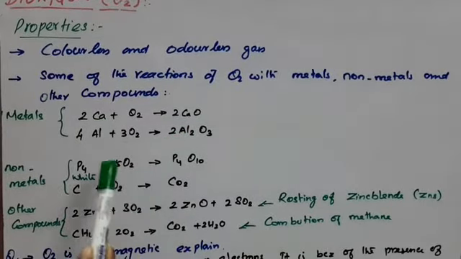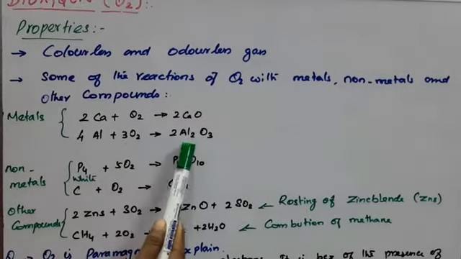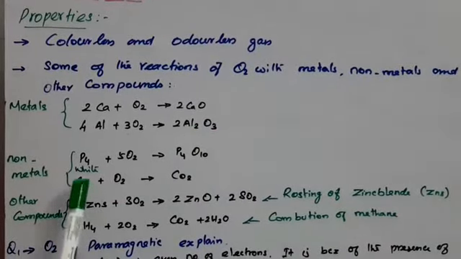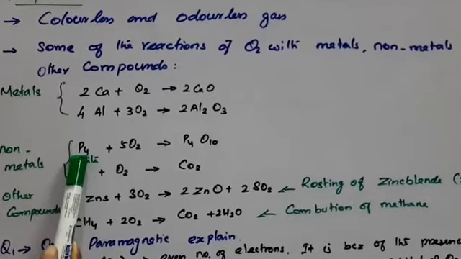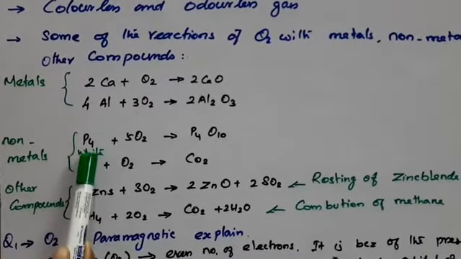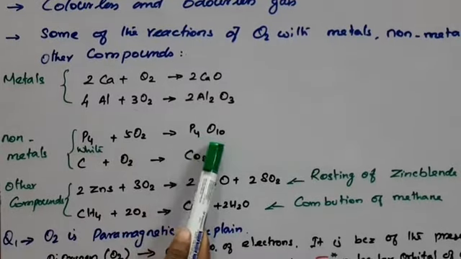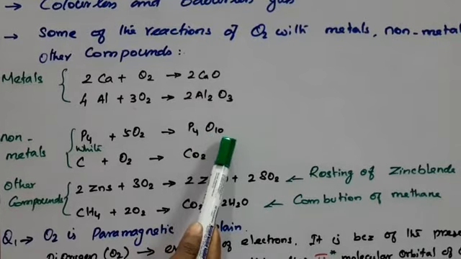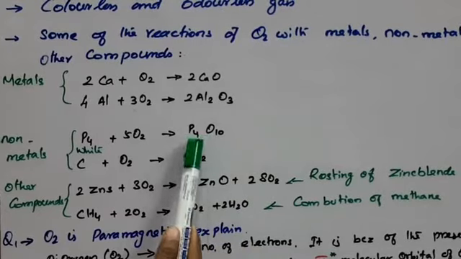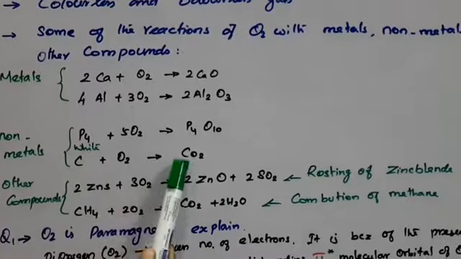Aluminium reacts with dioxygen to form Al2O3, aluminium oxide. Non-metals: phosphorus is a kind of non-metal and carbon is a kind of non-metal. White phosphorus reacts with dioxygen to form P4O10, phosphorus pentoxide. And carbon reacts with dioxygen to form carbon dioxide.